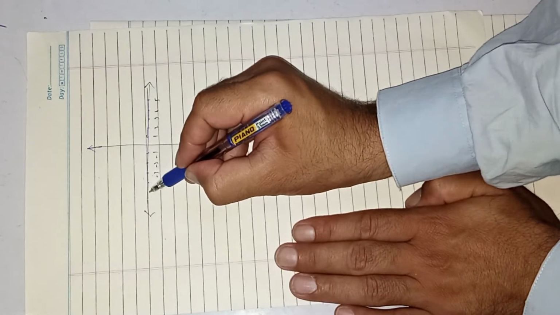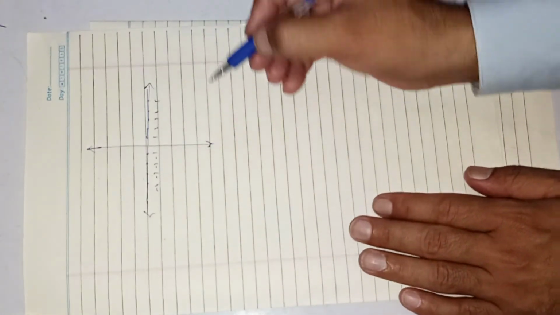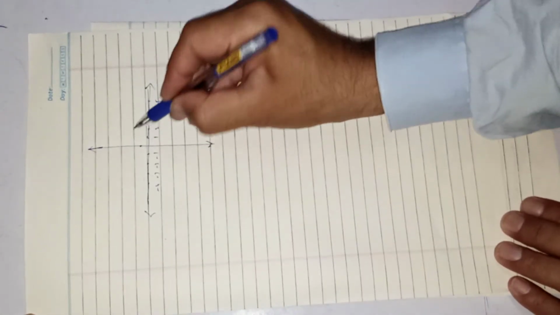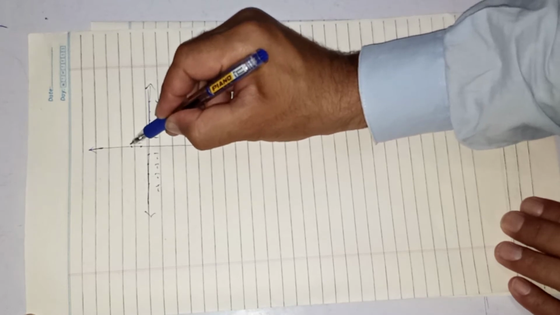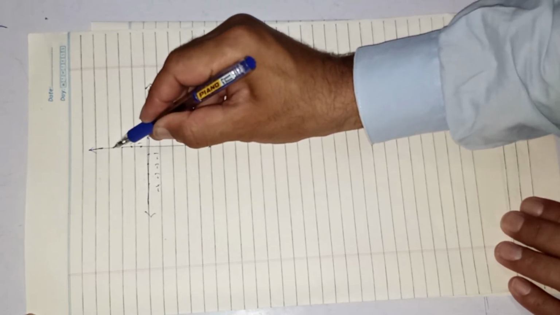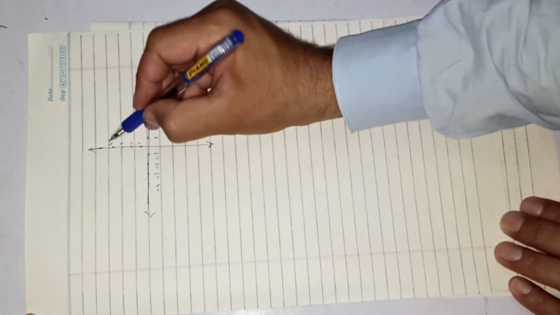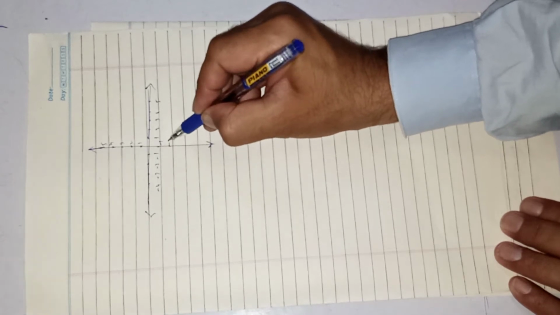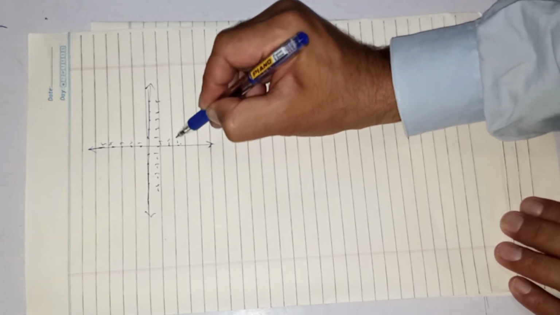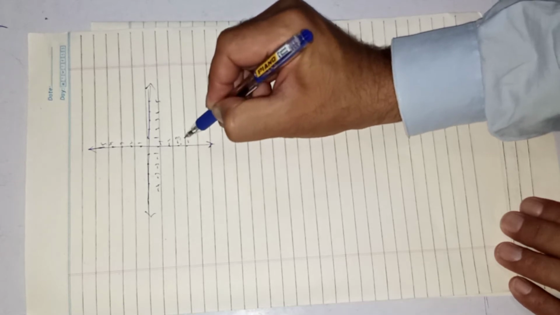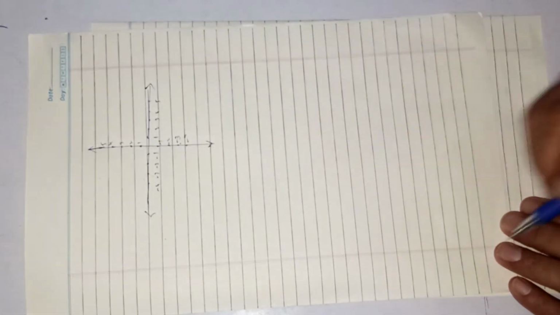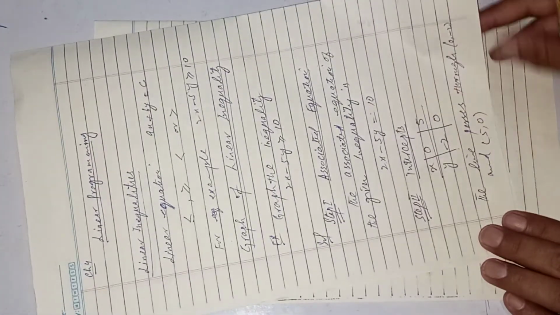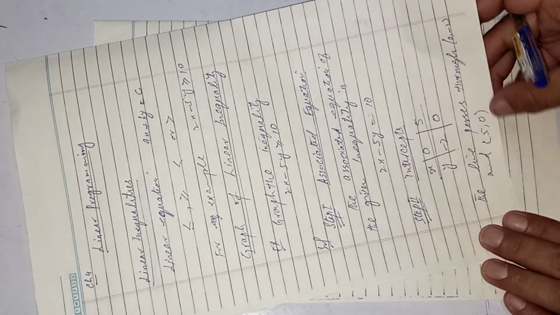Mark the numbers on the x-axis and y-axis at equal distances. Now the line passes through the points (0, minus 2) and (5, 0).